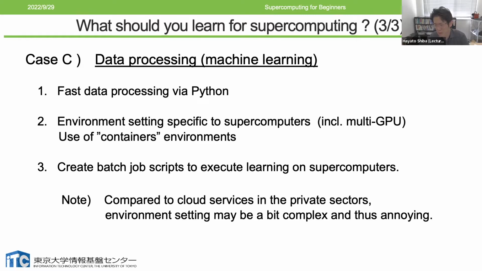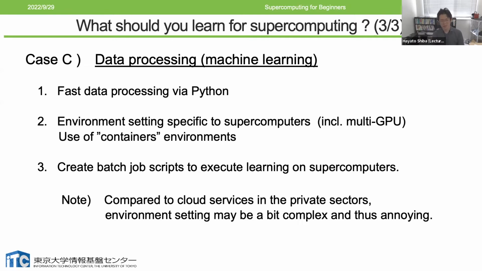So maybe you are frequently using a GUI, graphical user interface. But on supercomputers, only command line interfaces are available. So we need to know how to write job scripts in text and order the supercomputers to do the task.